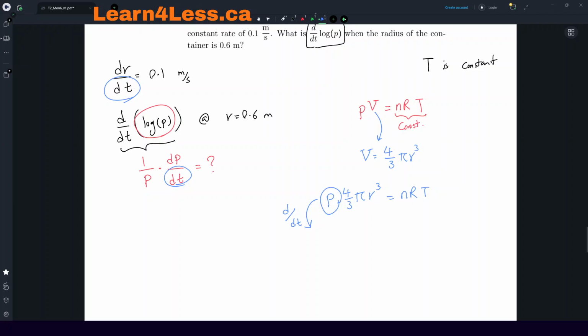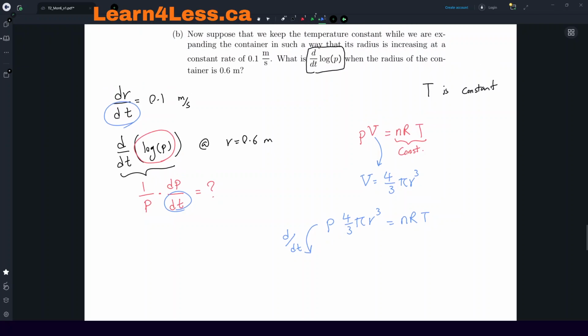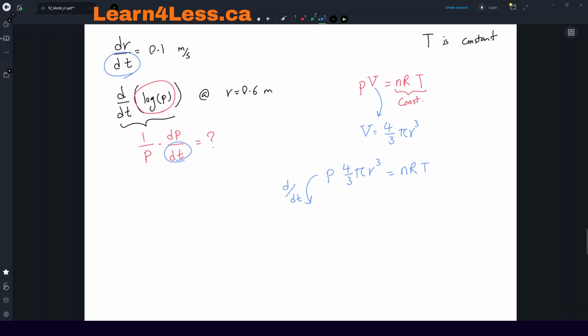So how we should take the derivative of that is by applying the product rule. I have two parts, for example, this part and this part. Some students call them f and g.